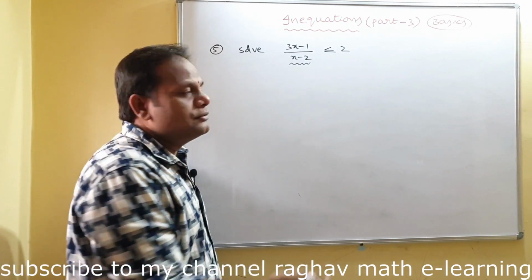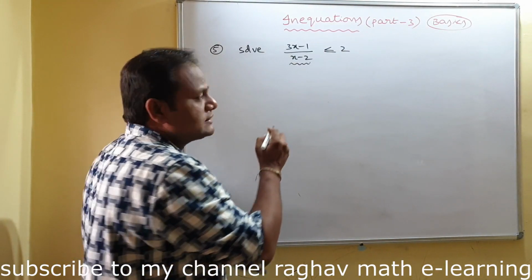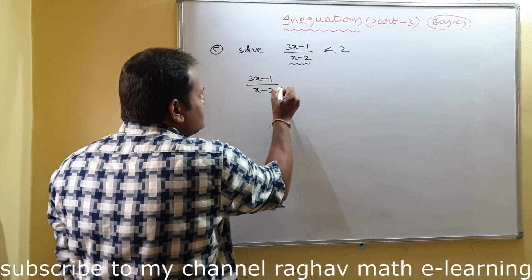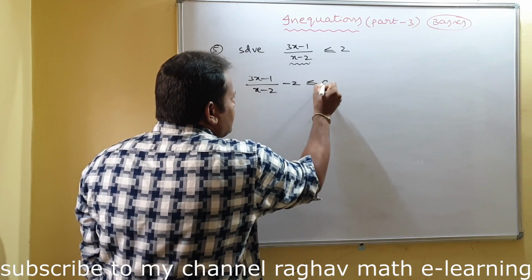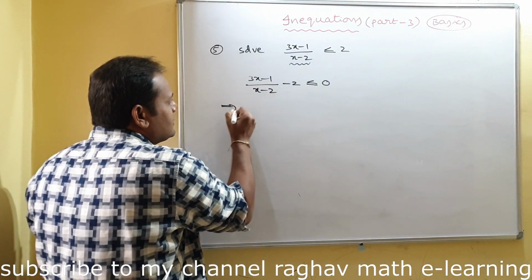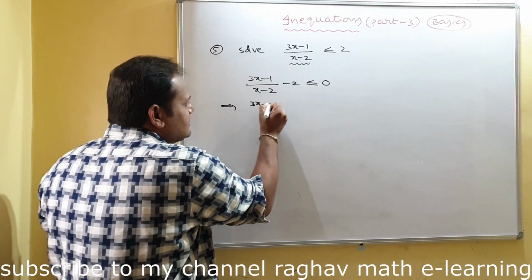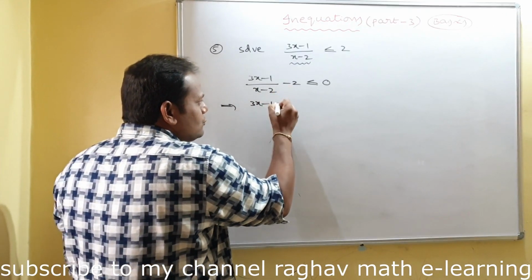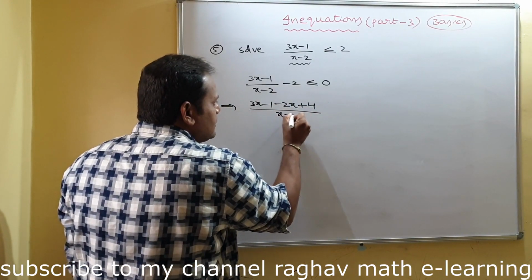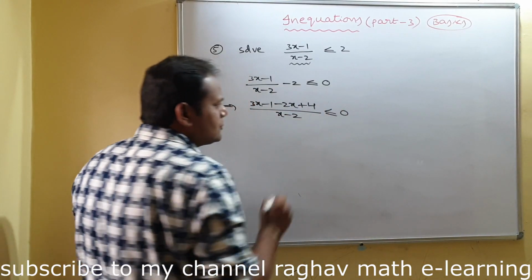So, what do we do? Shift 2 to the left hand side. What happens? You see (3x minus 1) by (x minus 2) minus 2 less than or equal to 0. Is it? Now do the simplification. Take the LCM. So 3x minus 1 minus 2 into this, minus 2x plus 4, by x minus 2, less than or equal to 0.